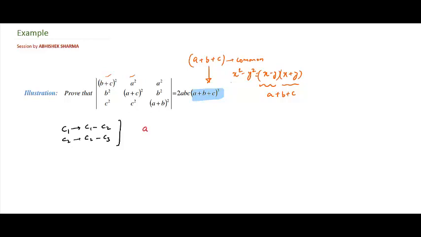Maybe you should get something like (a+b+c) whole square times the determinant with entries b+c-a, 0, 0, a+c-b, c-a-b, a square, b square, and (a+b) whole square.